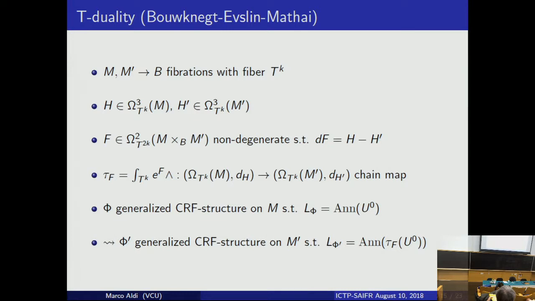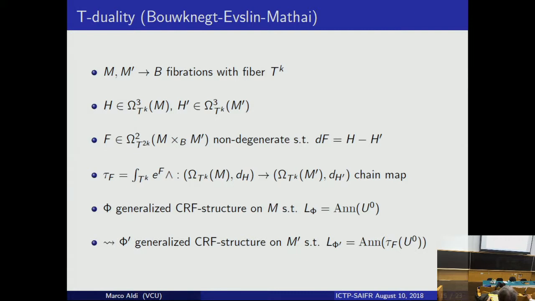And now if you pick a 2-form F on the fiber product of M and M prime over B, that is non-degenerate and satisfies this condition.